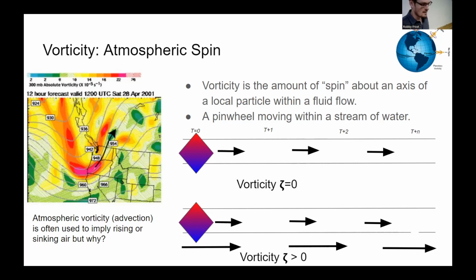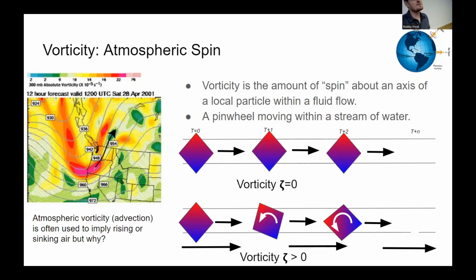That's all that means. A really good way to think about vorticity is if you had a pinwheel in a stream of water. If you look at the spin of the pinwheel in the stream of water, which we'll go ahead and animate here. If you've got a straight flow, and the water is just moving straight away, the pinwheel won't spin. It'll just go with the water, but it won't spin around its axis. That's zero vorticity.